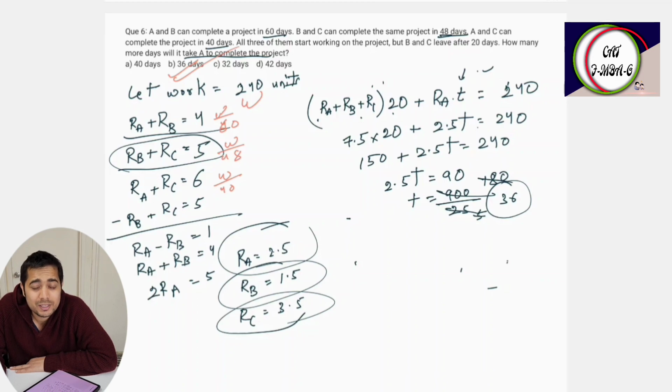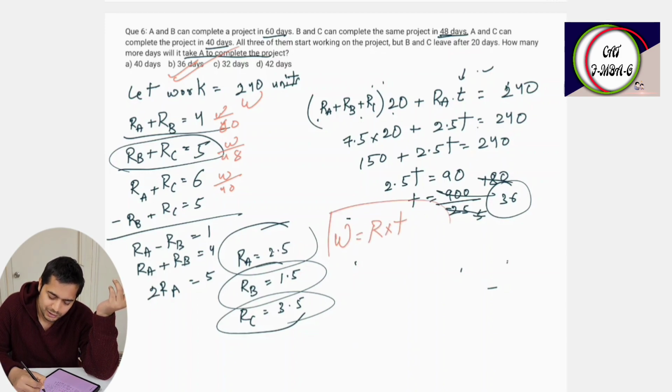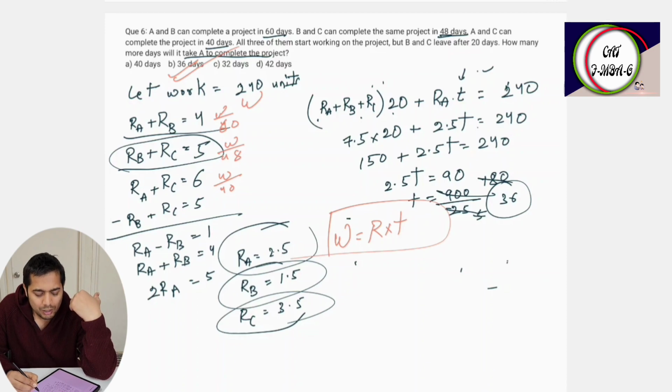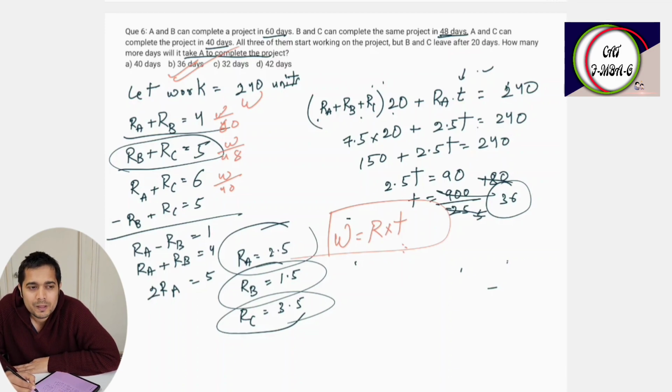So this LCM way is better. Up to now we have solved around 6 questions, and there is no rocket science here. All of these use the same concept and the same formula: work is equal to rate into time. Only a single formula is used. Your concept should be clear.